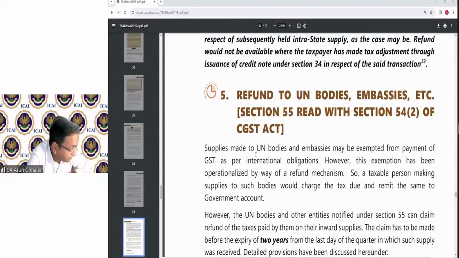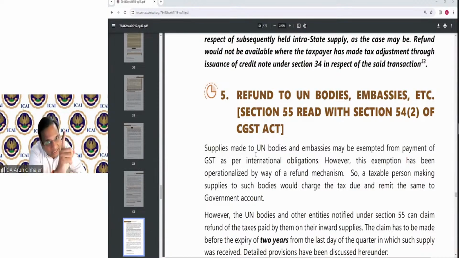Next is refund to the United Nations organization, embassies, section 55, read with section 54(2) of the CGST Act. These United bodies have a number in the GST called the UIN number, unique identity number, and that is an unregistered person.